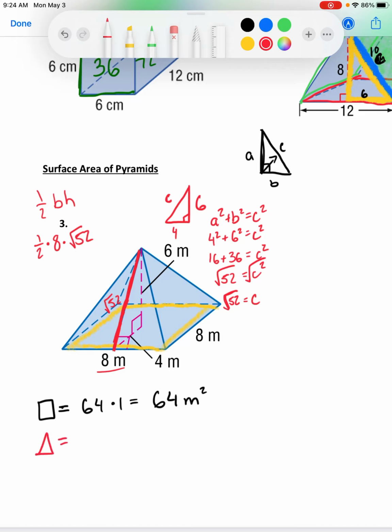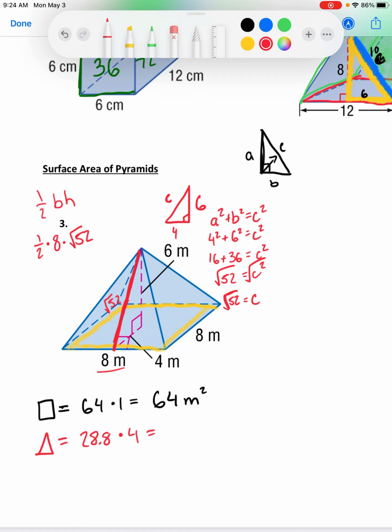So I'm going to punch that in my calculator, and we're going to end up with, I'm just going to call it 28.8 meters squared.